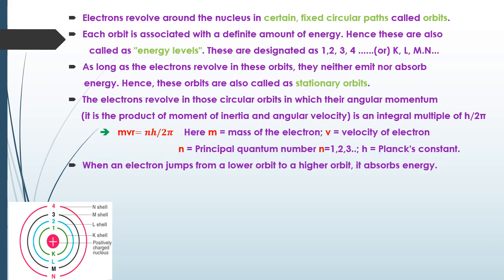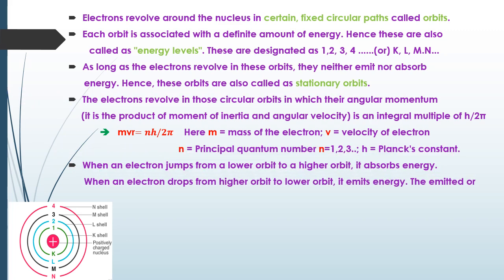When an electron jumps from a lower orbit to a higher orbit, it gains energy. In the same way, when it jumps from a higher orbit to a lower orbit, it loses energy, in terms of delta E equal to E2 minus E1.